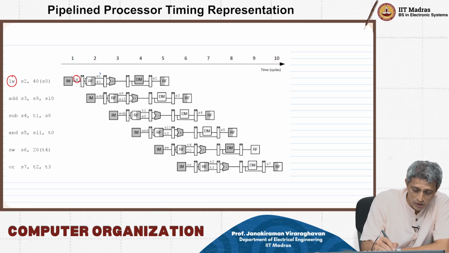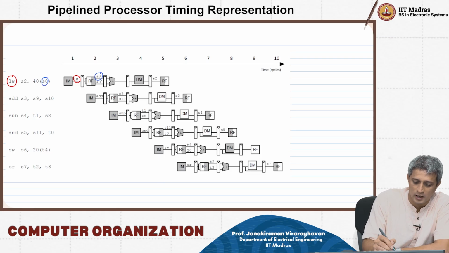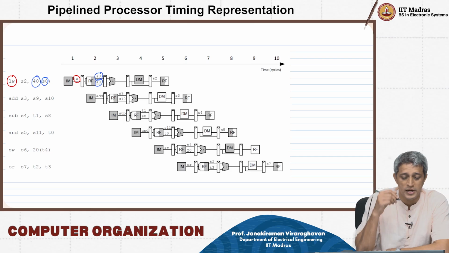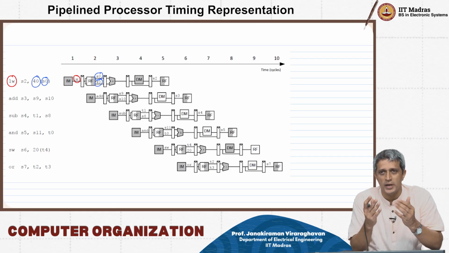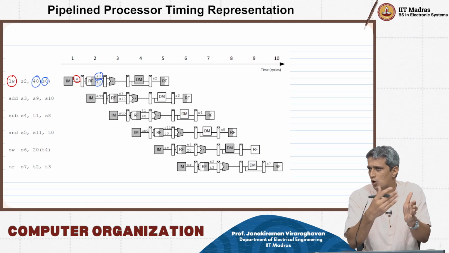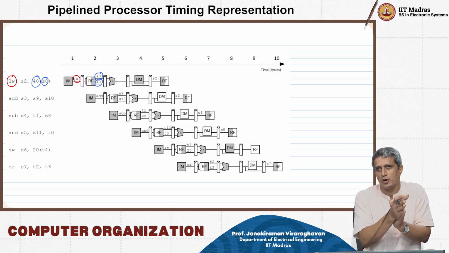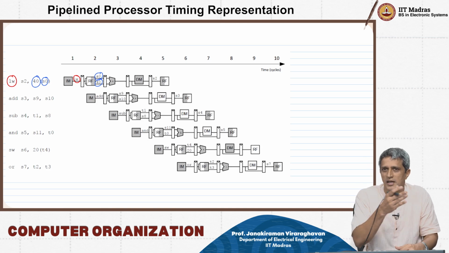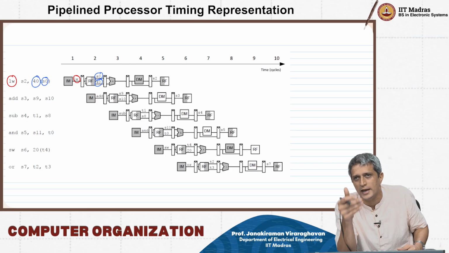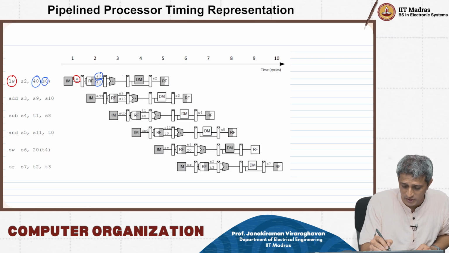So you see that it has pulled out S0 register from here, and then it has pulled out 40 which is the immediate argument, and that is going to be given to a flip-flop, and in the next clock cycle that will be latched on. So it is T setup ready before the flip-flop, and in the next clock cycle it gets latched on and given to the ALU for consumption.